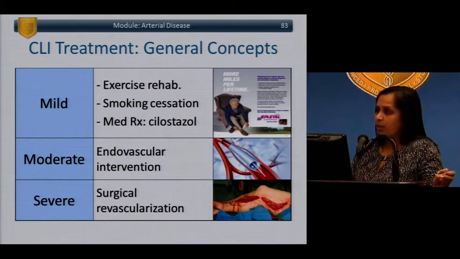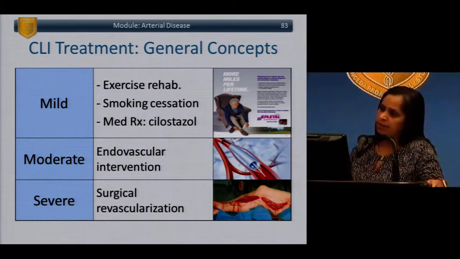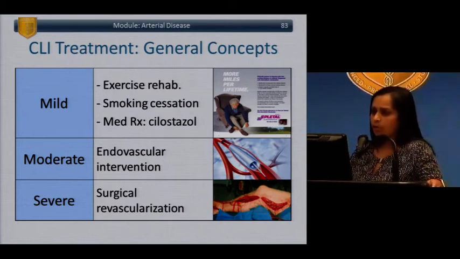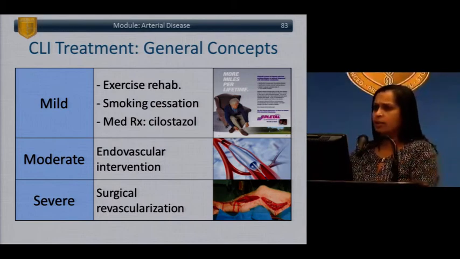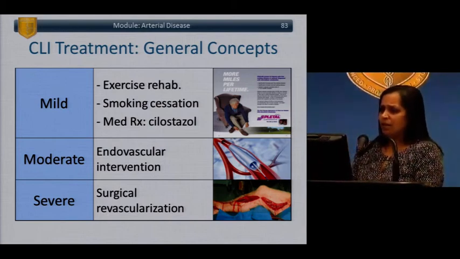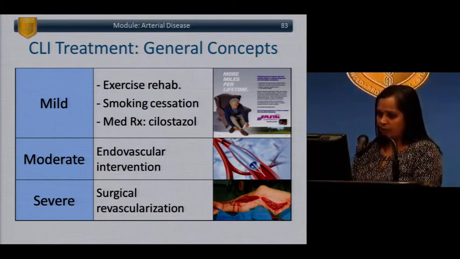There has been a benefit shown to cilostazol or Pletal in the treatment of claudication in terms of increasing walking distance. So this can be used in patients with claudication. Patients with limiting claudication, you can consider endovascular intervention. And in general, patients with critical limb ischemia typically need surgical revascularization.